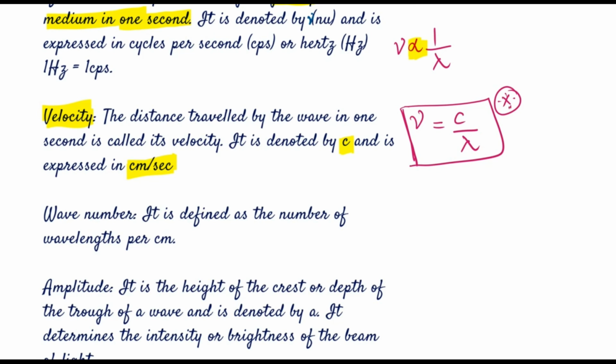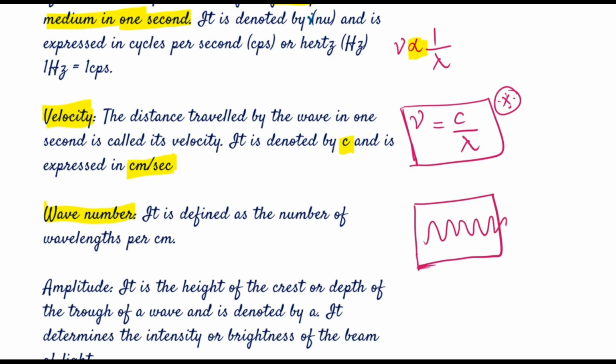Okay, let's move on to the next concept, that is wave number. It is defined as the number of wavelengths per centimeter. In a given unit of space, how many waves you can fit. Once again, you can see if I'm having a box.